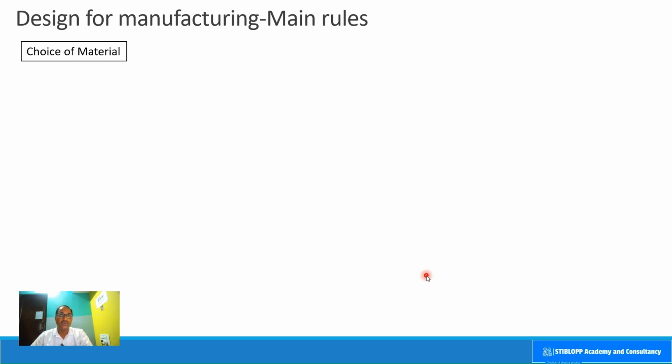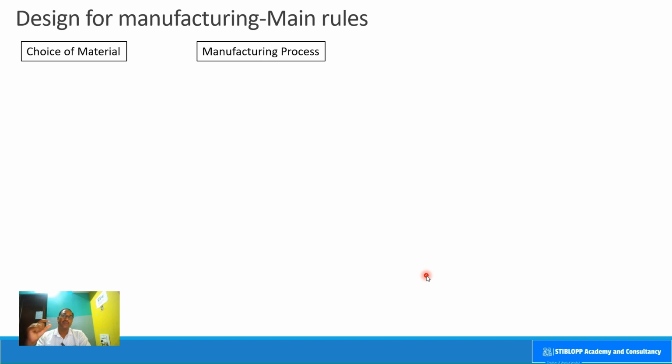The first rule is the choice of material. You have to decide which material should be used for your component, whether it should be plastic material or metal material, because the manufacturing processes for these materials differ.